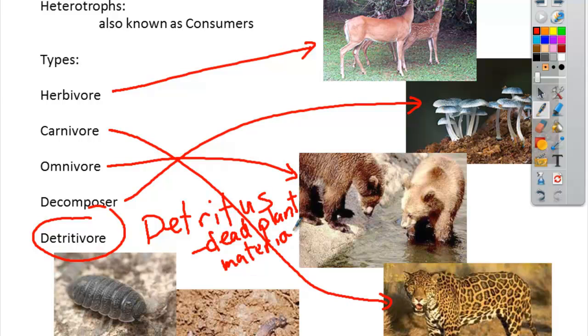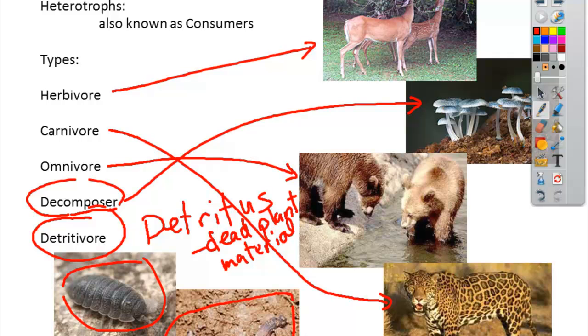So what I'm saying here is that detritivores come before decomposers if you're talking about taking material and breaking it back down into soil. So these are the little pill bug guys, earthworms, the centipedes and things like that.